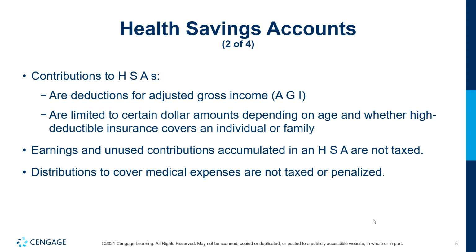However, this is the negative. Distributions to cover medical expenses are not taxed or penalized. But if you receive distributions and they are not for medical expenses, those are taxed. So it has to be for medical. Okay? Cannot take any money out for anything else, or you will be taxed and penalized.